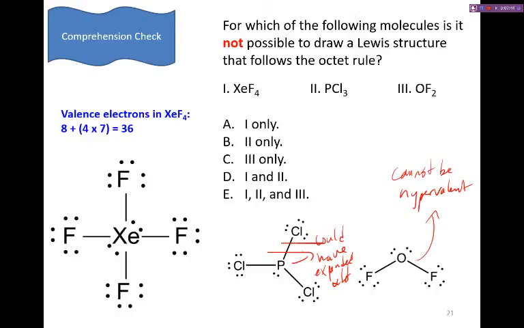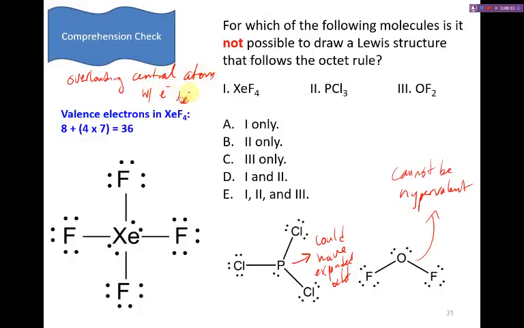One last word here before we finish up with this video: why do we need small electronegative elements to be able to have hypervalent or expanded octets? The reason is that when we have an expanded octet, we're overloading the central atom with electrons.